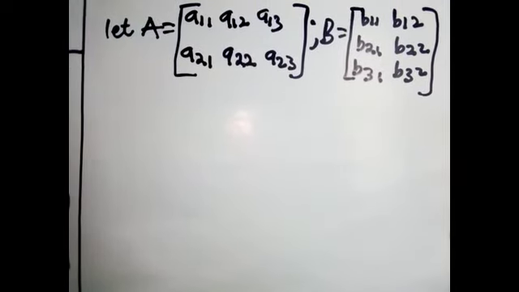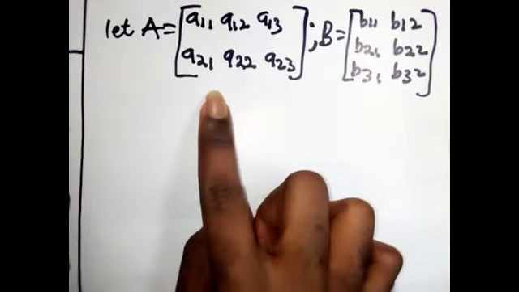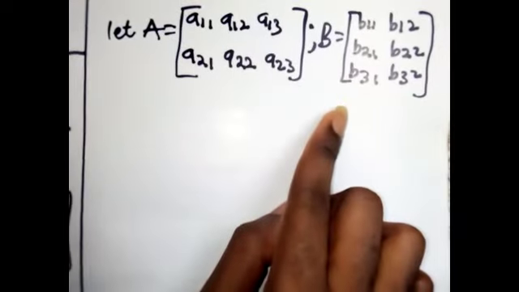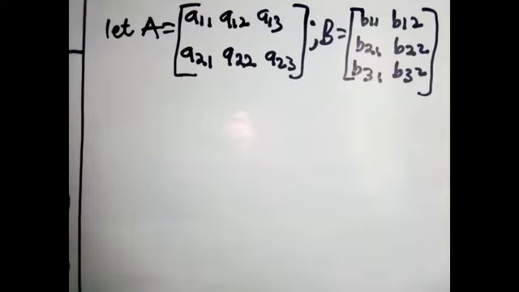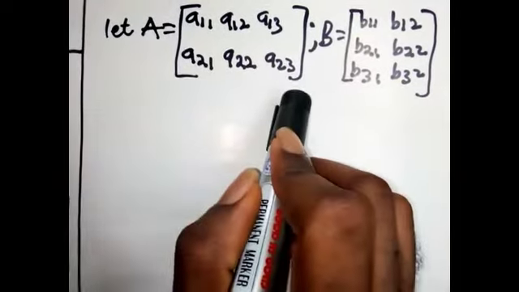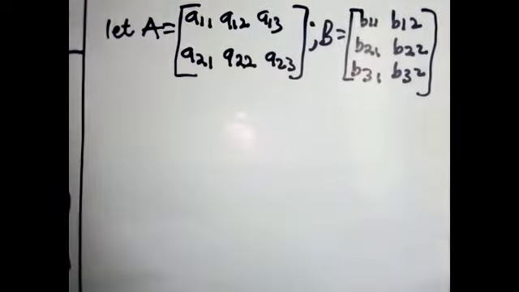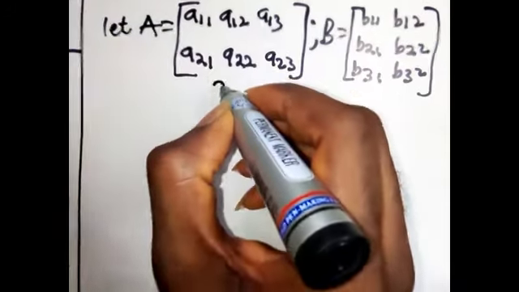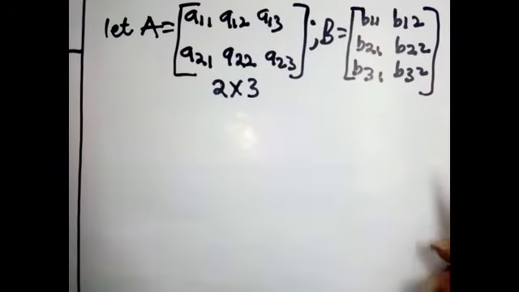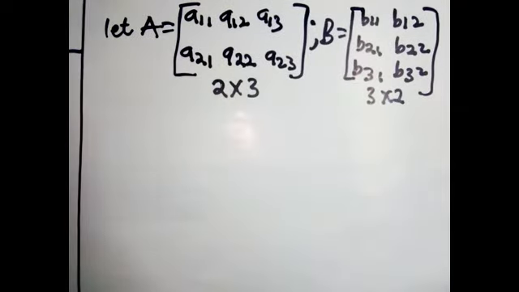Then the first thing we need to do is to confirm if these two matrices can actually be multiplied. To do that, we need to check the dimension of matrix A and the dimension of matrix B and check the condition that holds for the multiplication of two matrices. So the dimension of matrix A is a 2 by 3 matrix and the dimension of matrix B is a 3 by 2 matrix. So what is the rule?